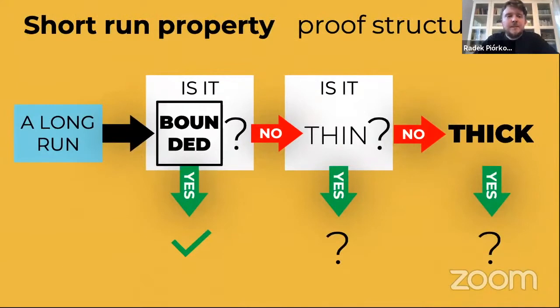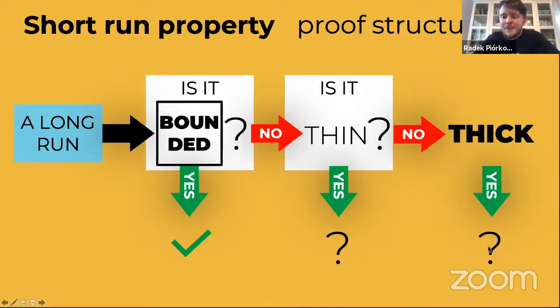It looks like this. So once again, we are given some long run here, and we ask if it's bounded. If it is, then again, the situation is very, very simple. If it's not thin, then it's thick, and we have some other reasoning here.